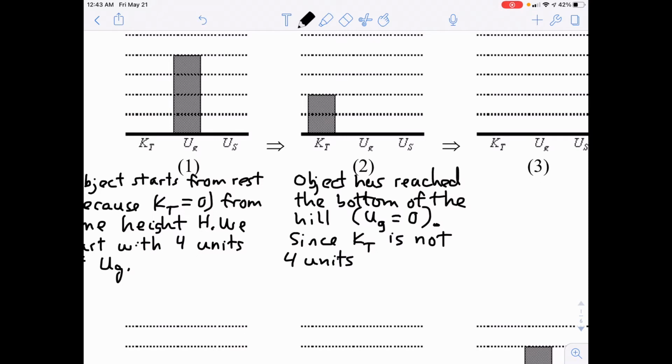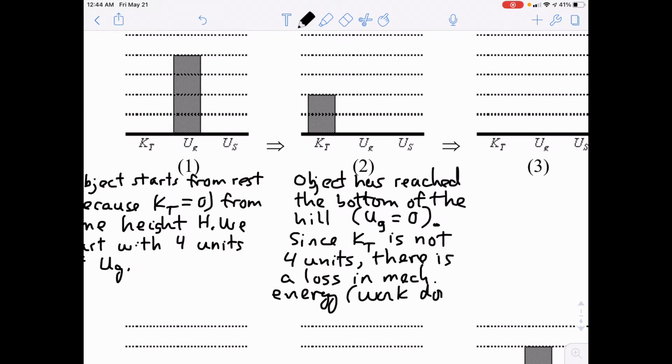So since the translational kinetic energy is not 4 units, there is a loss in mechanical energy, which would be work done by friction.